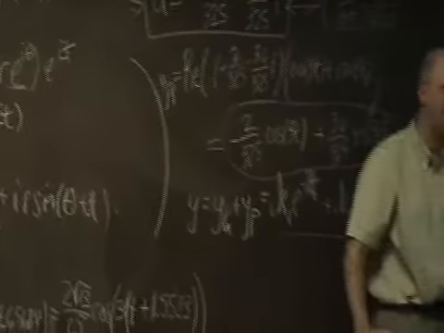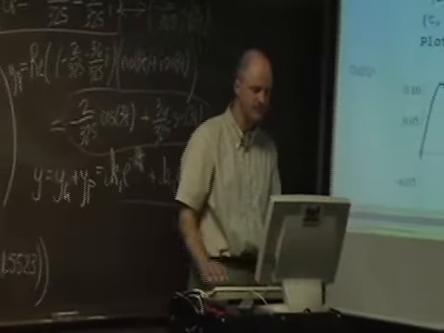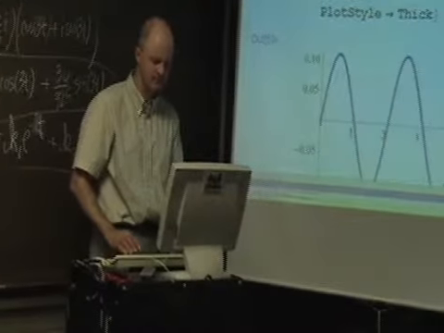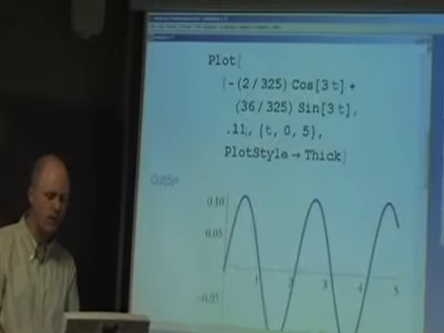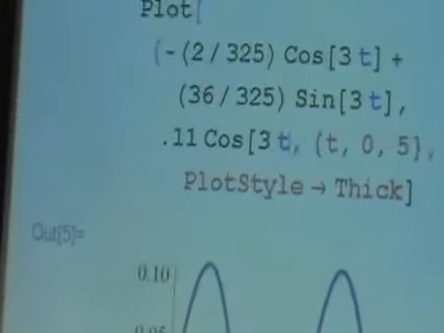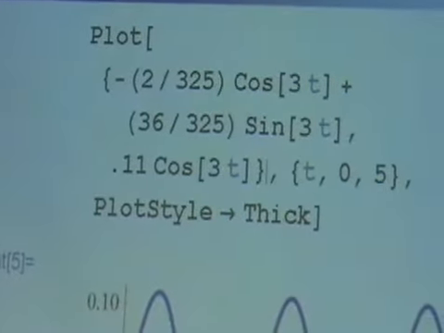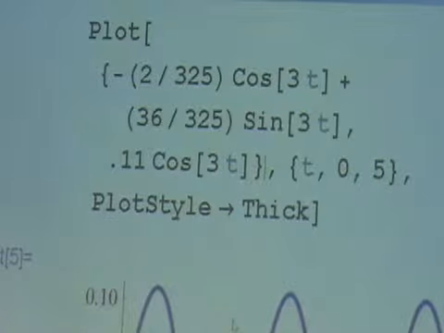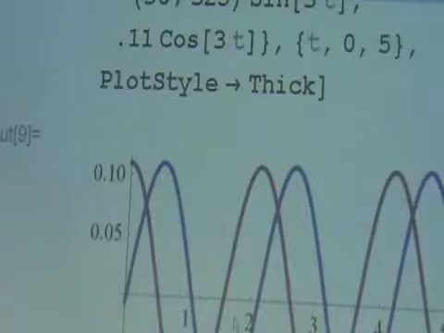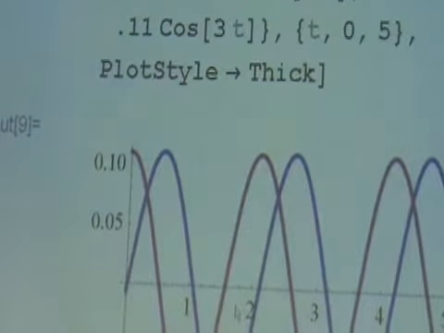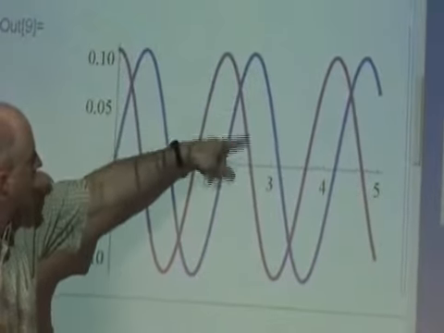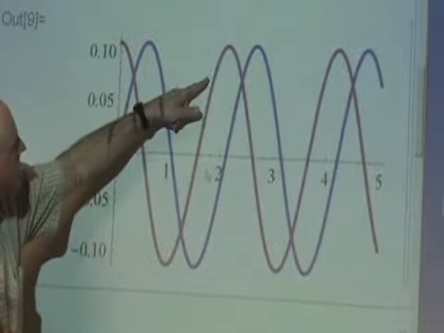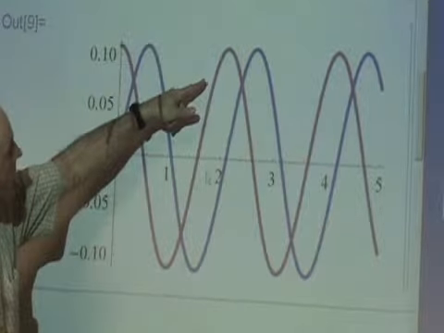If I also plot about 0.11 cosine of 3t in addition to the yp, this purplish reddish curve is that 0.11 cosine of 3t.